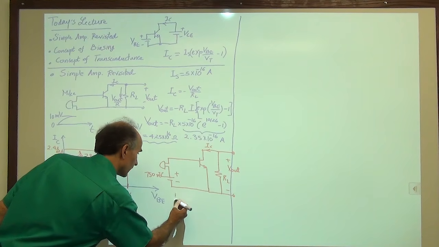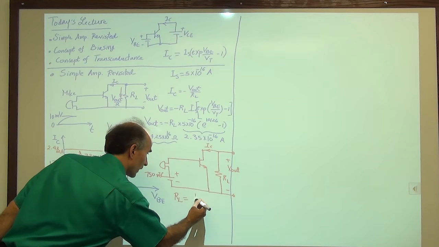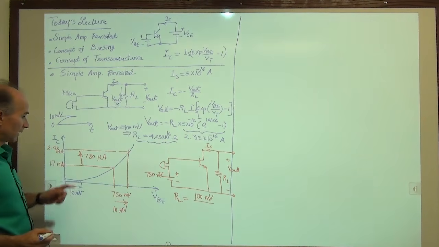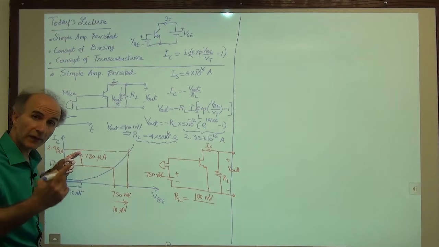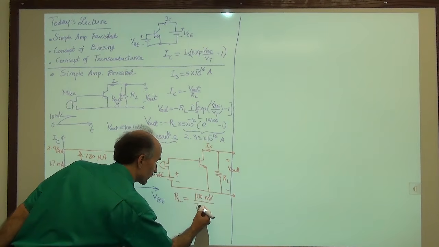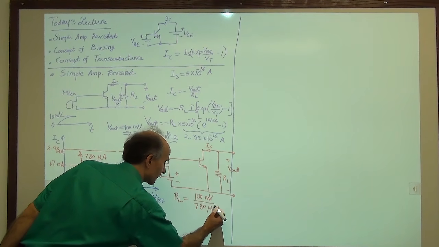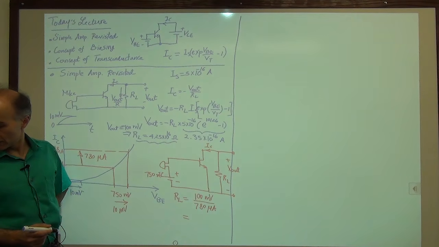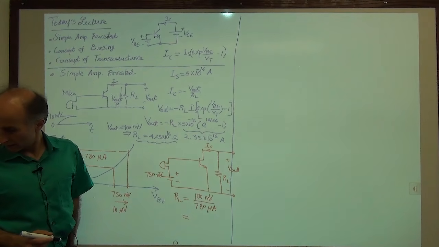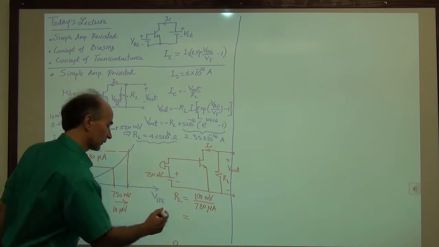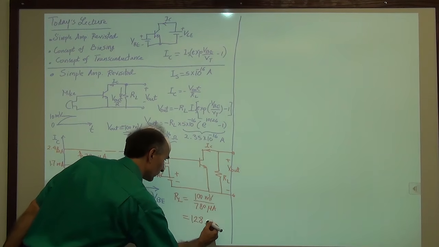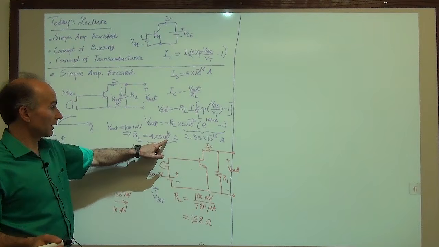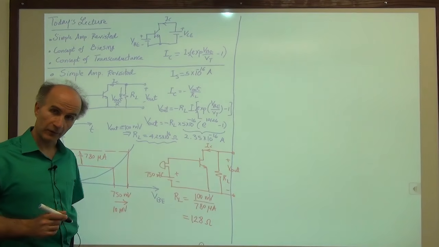RL is equal to 100 millivolts divided by the increment in the current that the microphone has produced, so 780 microamps, and this comes out to be 128 ohms, a very reasonable amount for resistance. So previously we needed this much resistance, now we need only this much resistance.